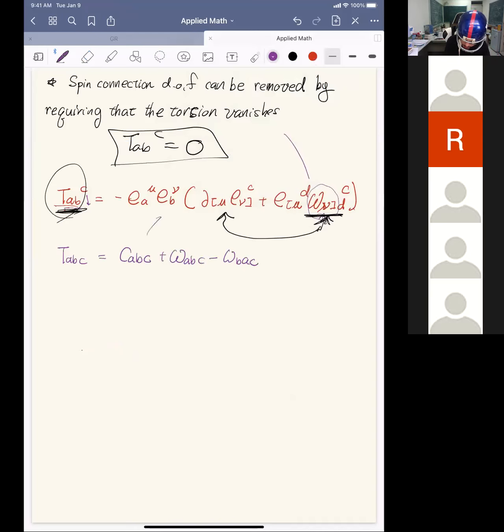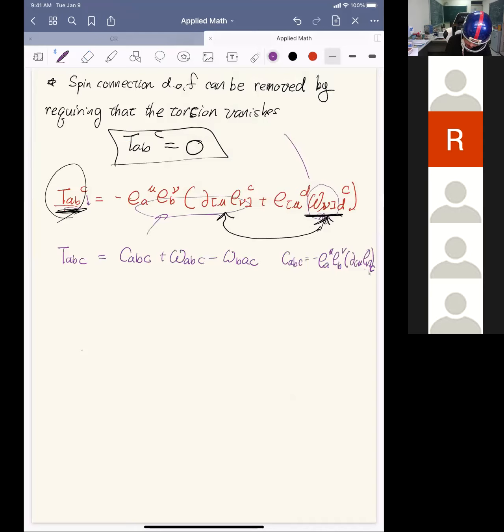This is just a rewriting of the earlier equation, where C_ABC is just the partial_mu e_nu of the inverse Vierbein, with the lower indices converted to C. As you see, this is nothing but this piece here.